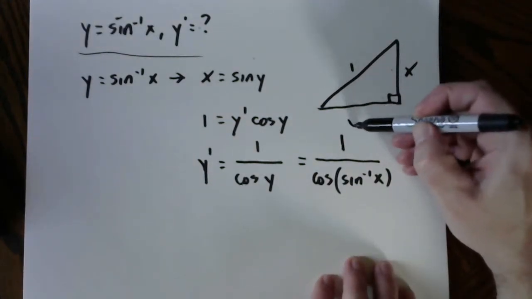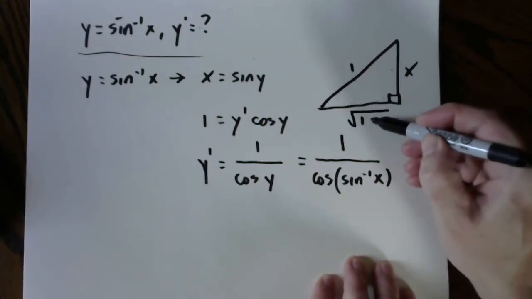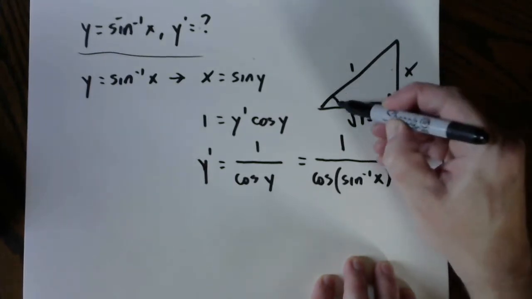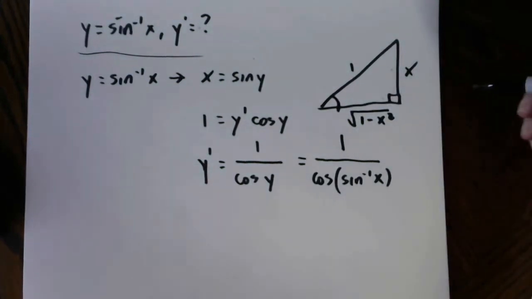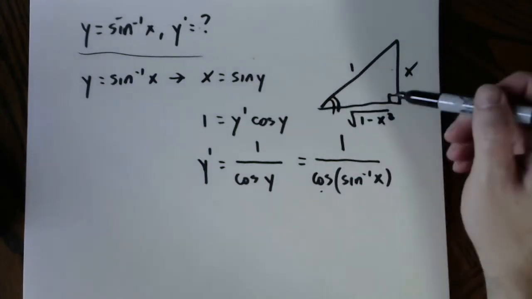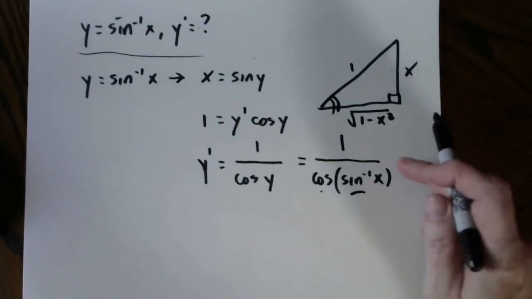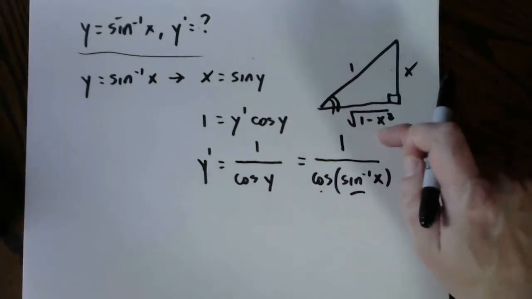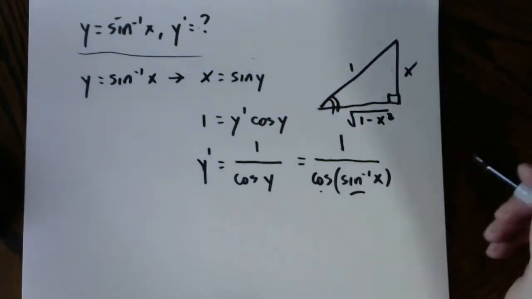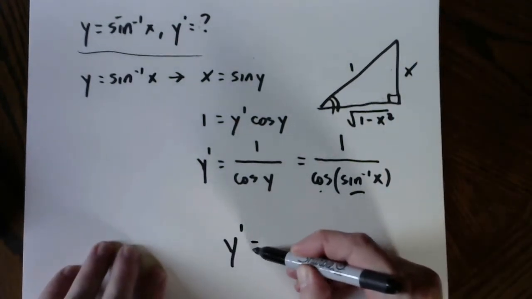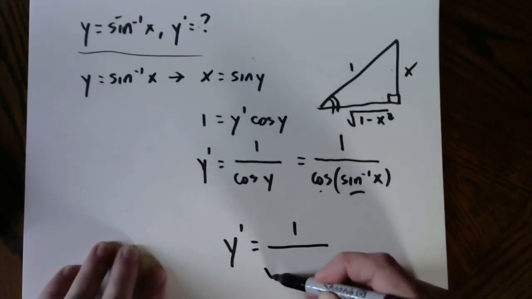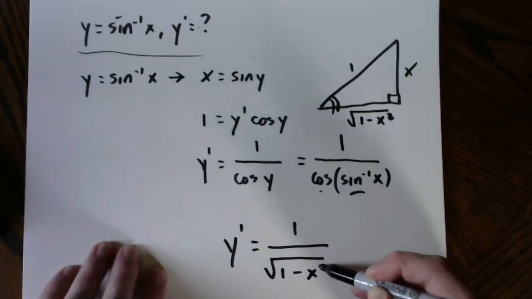Via the Pythagorean theorem, this side is root 1 minus x squared. So now what is the cosine of this angle? This is an angle with a sine of x that provides this side, adjacent to hypotenuse. So y prime is 1 over root 1 minus x squared.